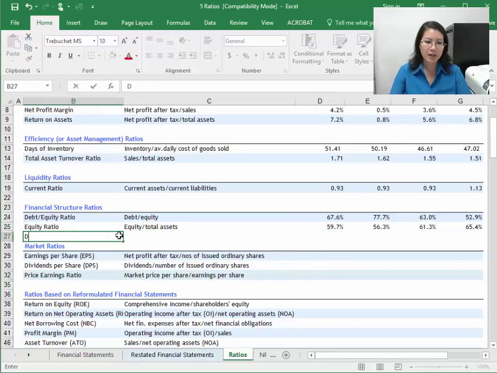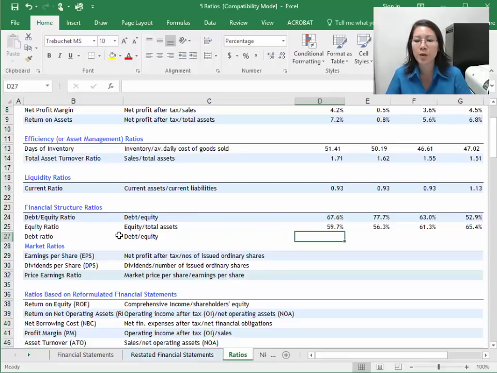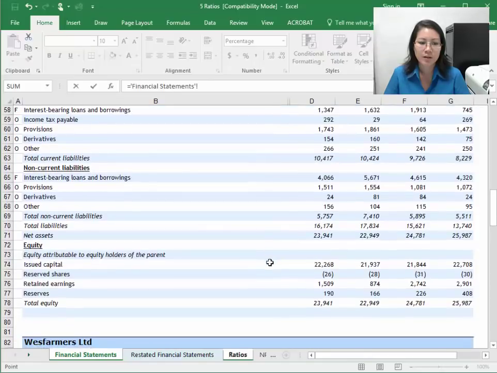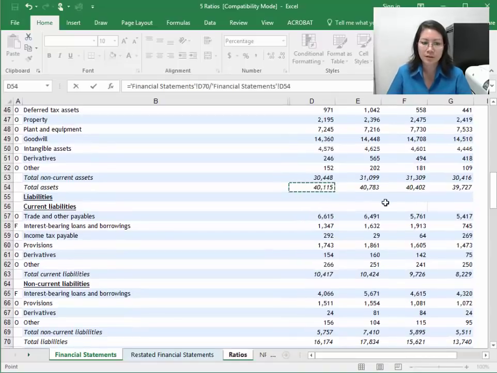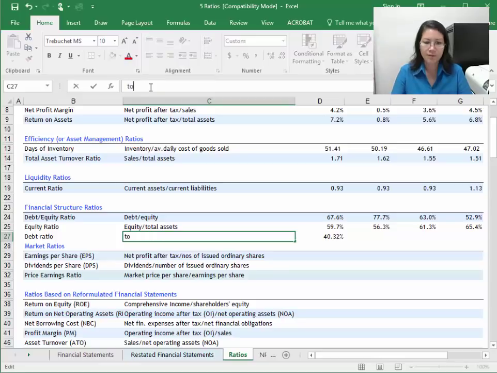And actually, if I was to calculate the debt ratio, which really is debt divided by equity, you don't have to do this, but I just like to show you. Let's go and do it, which is my total liabilities divided by my total assets. Fix the formula up.